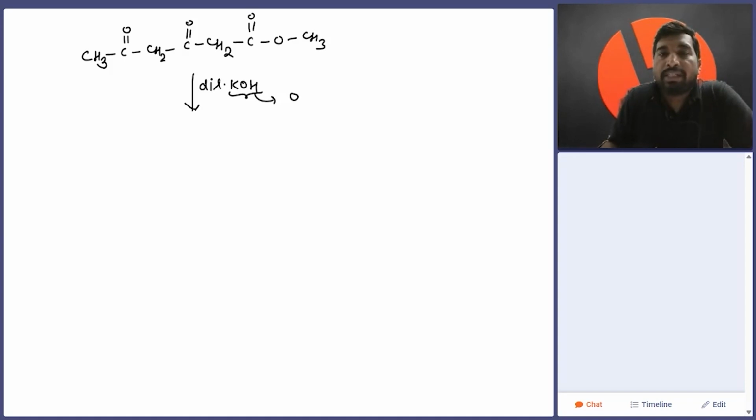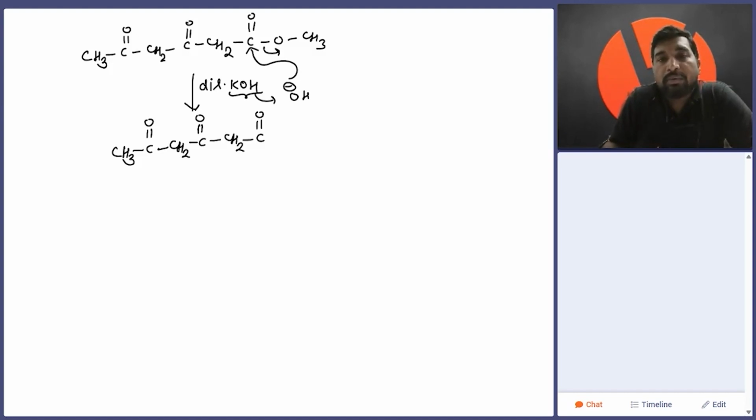Dilute KOH will provide the OH minus, and this OH minus will attack over here and this OCH3 will be removed. So what will happen? It will form C double bond O, CH2, C double bond O, CH2 and C double bond O, that is OH. This is a beta keto acid.